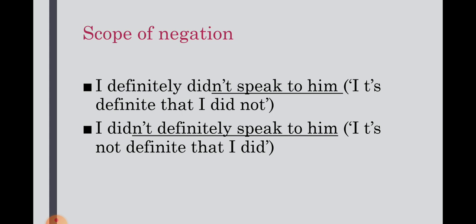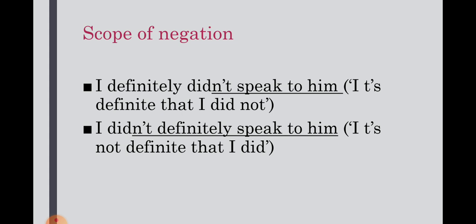So this means it is definite that I did not speak to him. So the word definitely is affirmative here. It is asserted here. Why is it asserted? Why is it definite? Because it is outside the scope of negation. So it is not negated.